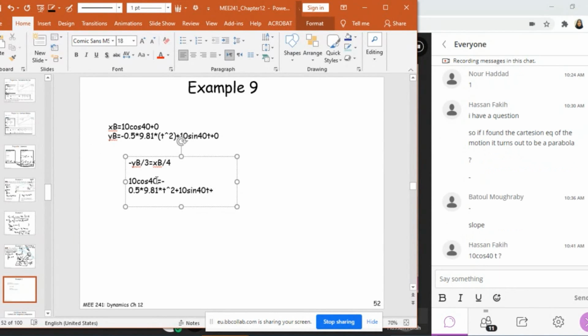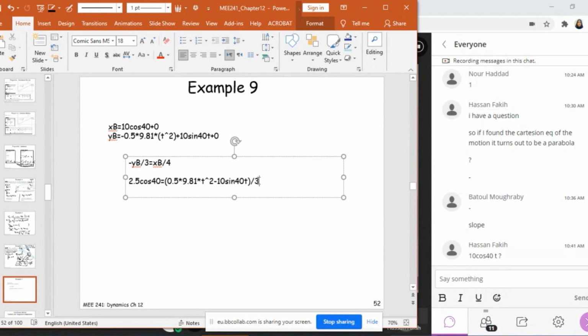Sorry, I forgot the t. All right, so, guys, yes, you're right. 10 cosine 40 t is x, so I'm gonna say it's over 4, right? So 10 over 4 is what? 10 over 4 is 2.5. And then this one will be plus, and this will be minus. And then I'm gonna put parentheses here. This will be over 3, all right?